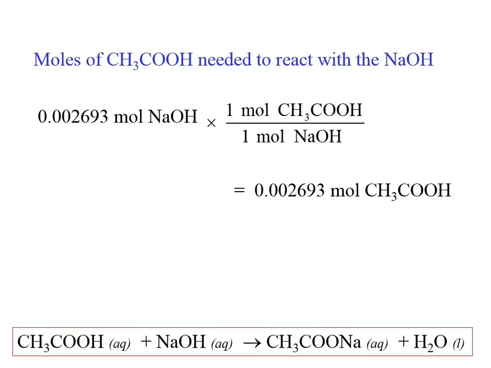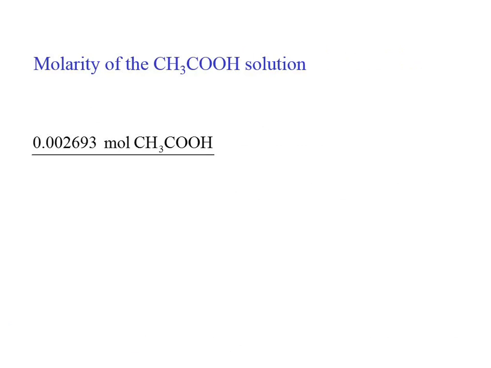And in this particular case, remember we're after molarity. So we're going to take that moles divided by the 50.00 milliliters. That's the last step. 0.002693 moles CH3COOH divided by 50.00 milliliters solution. Now remember, we're going to have to fix milliliters, so we can do that by introducing 1,000 milliliters over 1 liter.